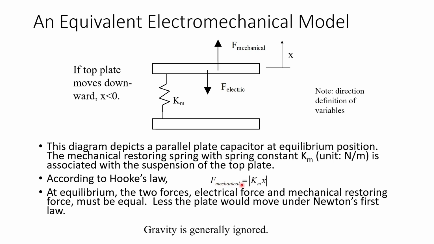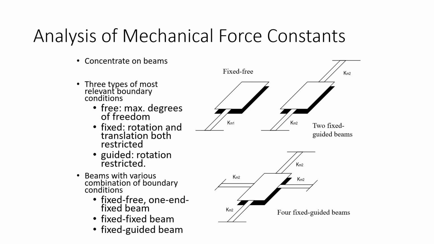So mechanical force is equal to Km times x. If you know the force and you know the Km, then you should be able to calculate the relative displacement. The key is how to calculate the Km.